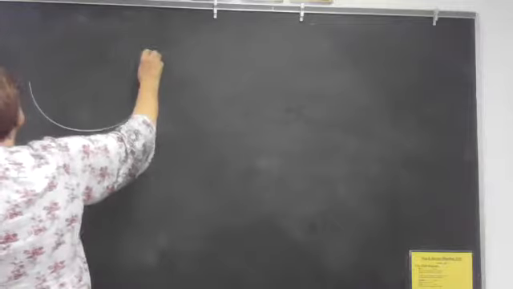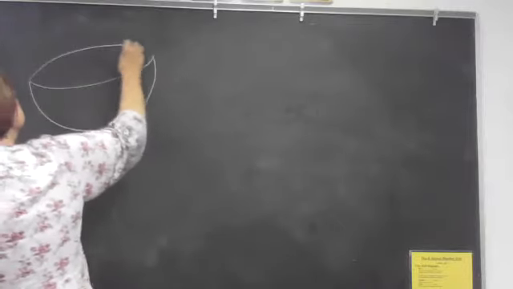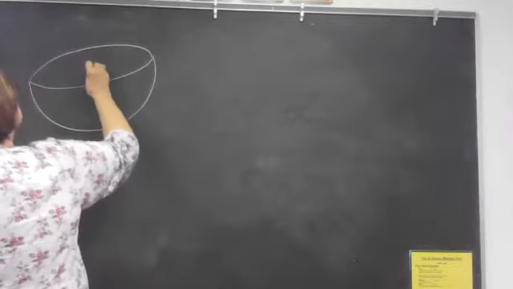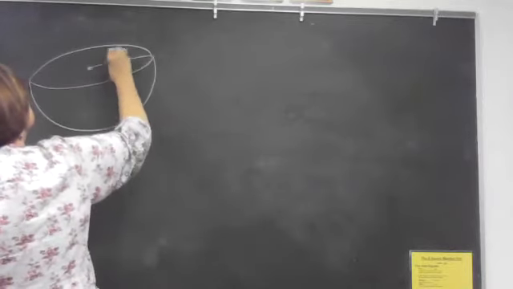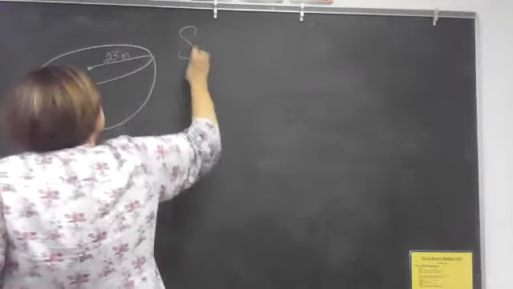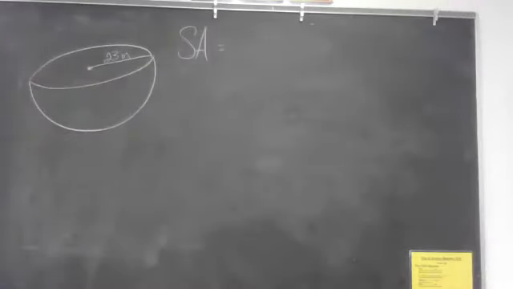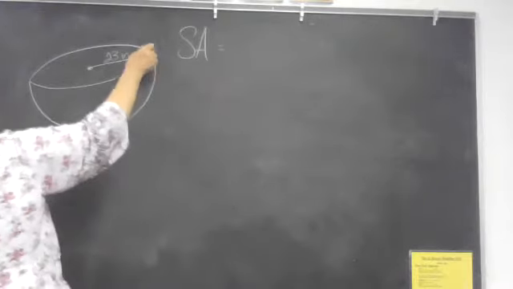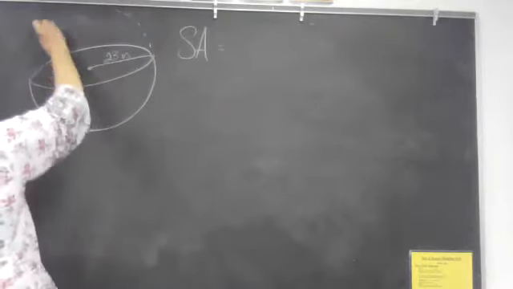Let's talk. So you're thinking for 23 inches. And we want the surface area, and remember it's a hemisphere, not a full sphere. But the only way you're going to find half of the surface area is to find the whole first. We're going to pretend that this is a whole sphere, okay?